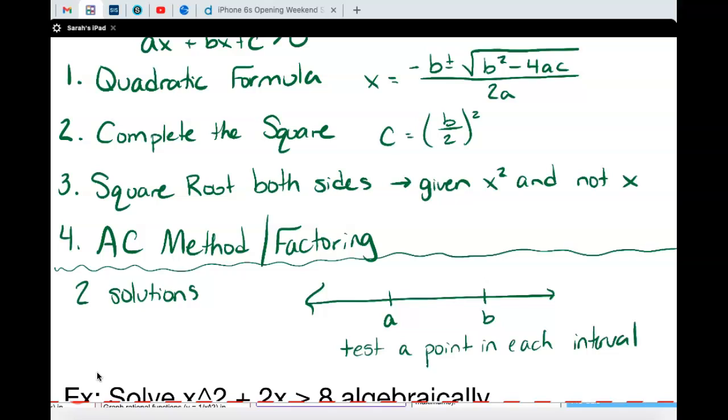We wrote this down yesterday: less than or greater than is a circle on your graph, less than or equal to, greater than or equal to is a dot. Other than that, we're just putting it all together.